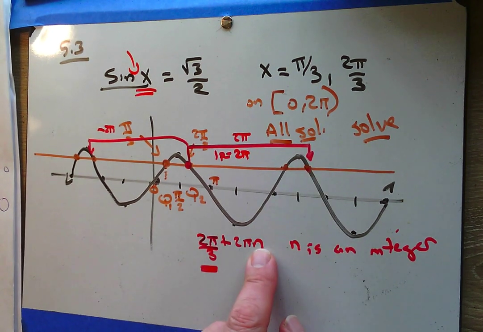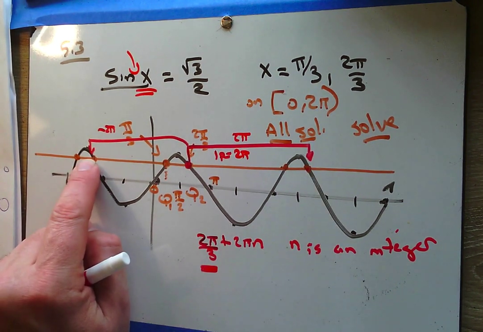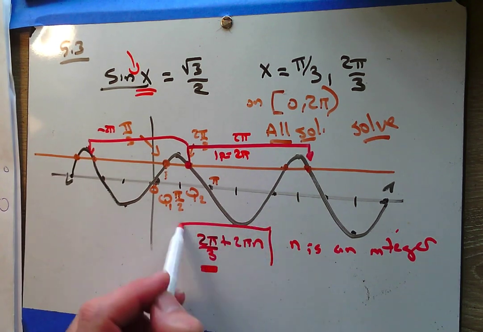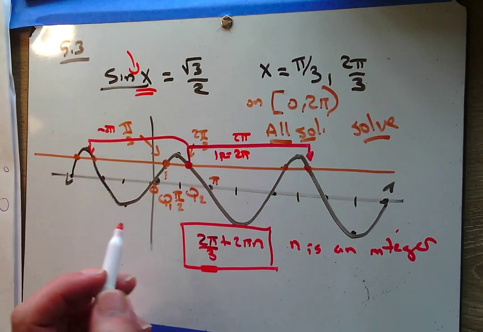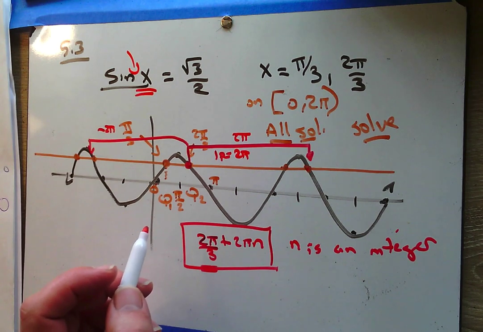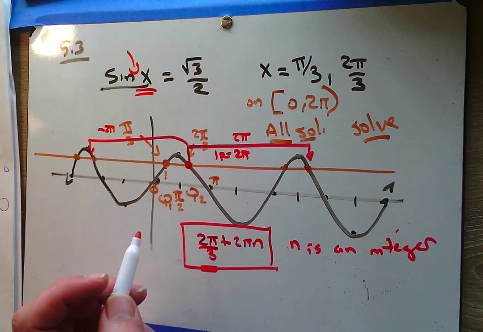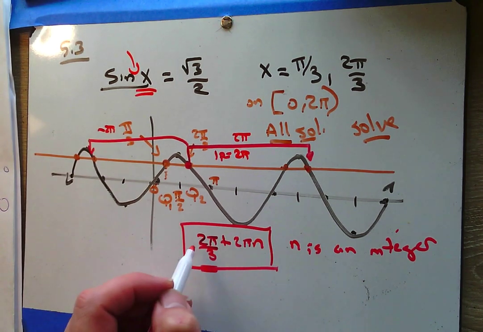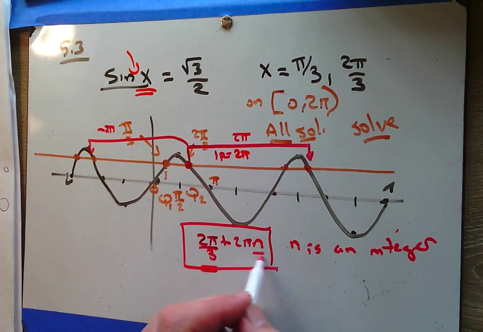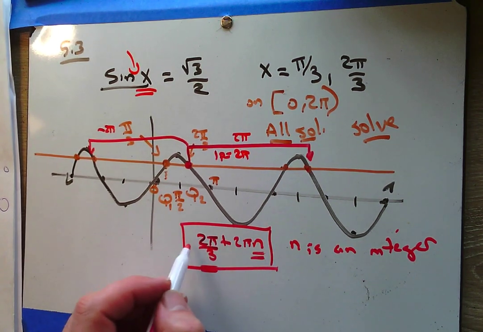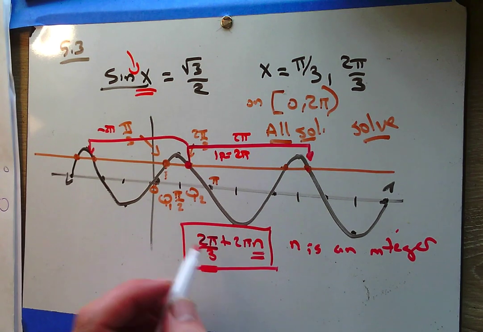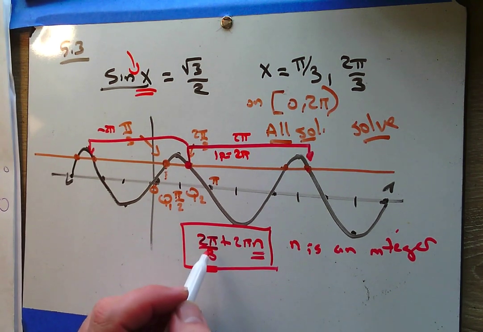Or if n were negative 1, we'd be finding this solution. So this is our little machine for generating the infinite solutions. Just like last semester when we had our parametric solution, here we're not going to have any z equals a thing going on, but we are going to have an infinite number of solutions defined in this way.